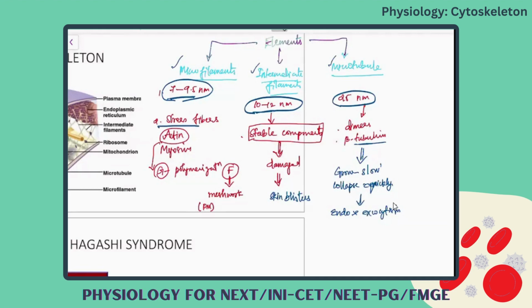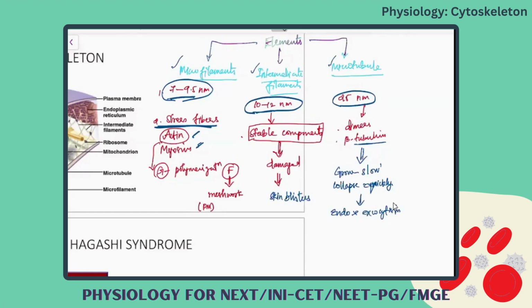Microfilaments are also called stress fibers, because of the tension, the stress, they contract and relax. That is actin and myosin, which we also come across in muscle contraction, the contraction and relaxation mechanisms seen in the muscle.